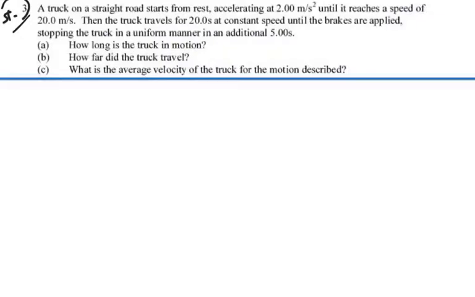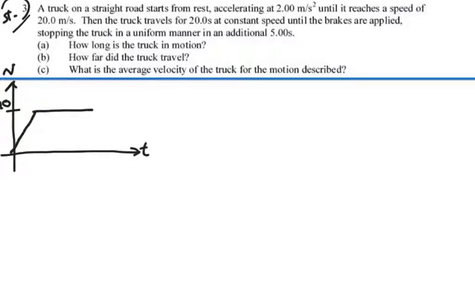In this motion we have several intervals of constant acceleration. And so let's take a look at that. If we were to graph this as a velocity versus time graph, we would start off with no velocity, and under constant acceleration we would achieve finally a velocity of 20 meters per second.